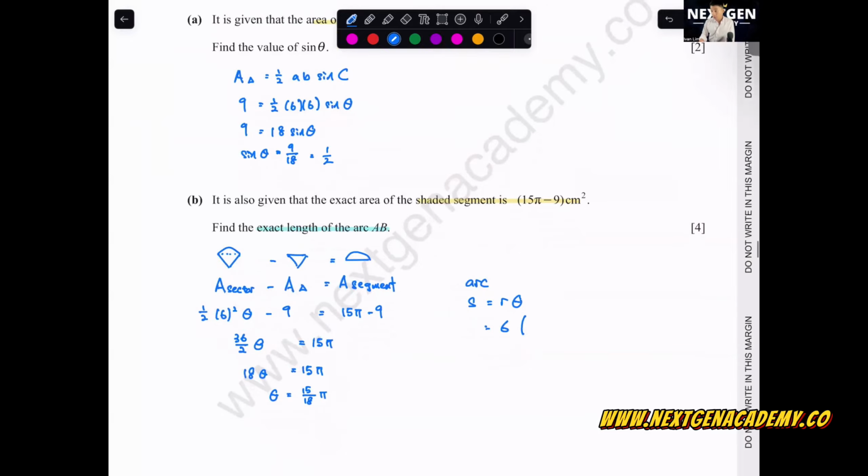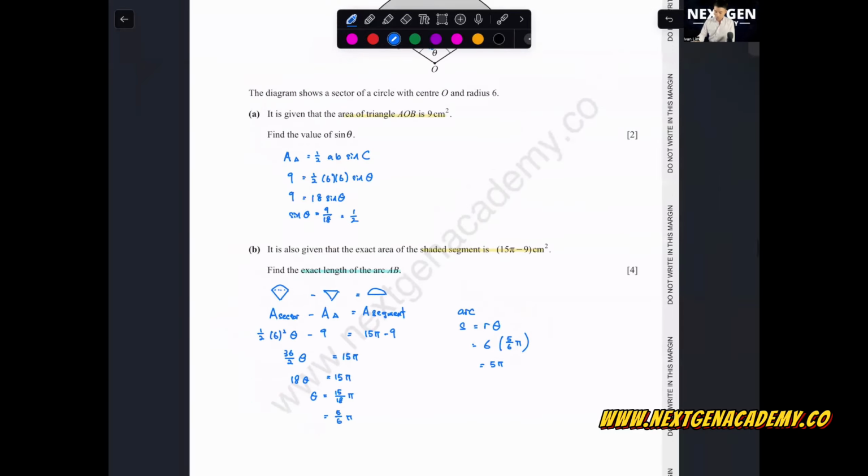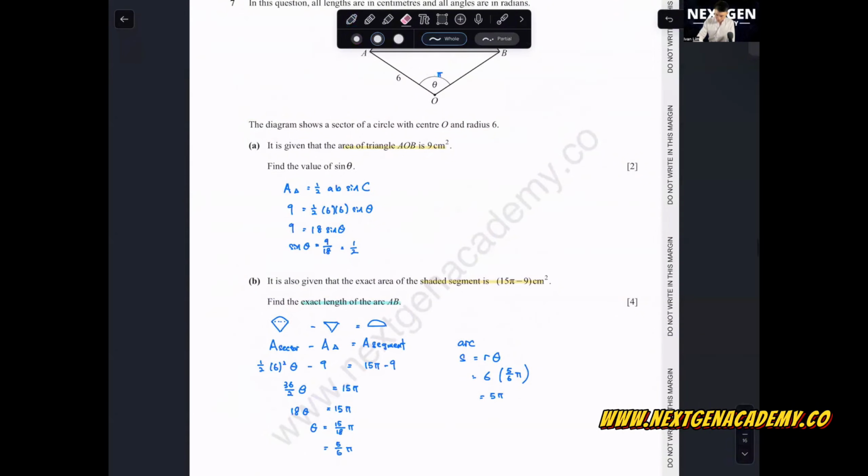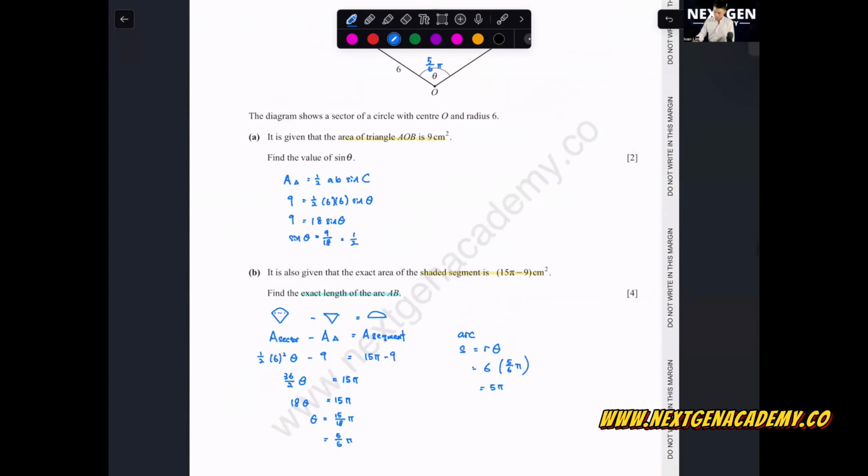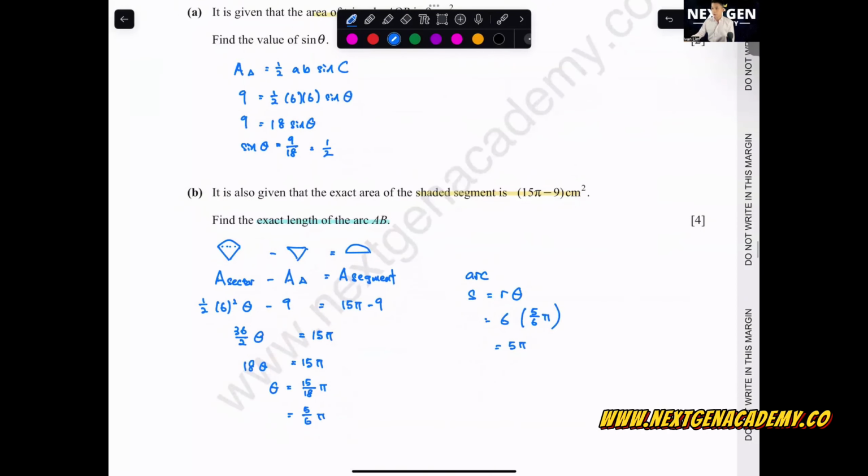Divide by 3. This will be 5 over 6 pi. It should be 5 over 6 pi. 4-mark question. Can simplify. Teacher didn't see. Question number 7, you're good. Can you type 7?